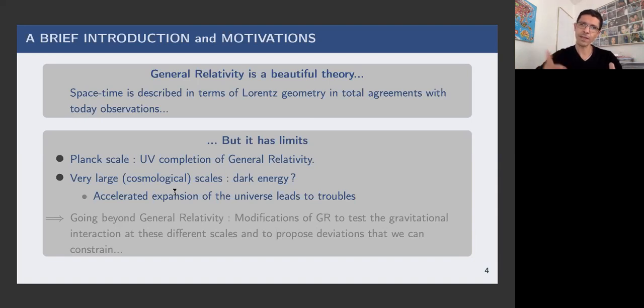I would like to emphasize that when we modify gravity, we maybe don't really want to find a solution of quantum gravity or a solution to the cosmological constant problem. What we really want is just to have a new theory that can predict new observations, in order to constrain it and show us new physics. This is the main message that I want to give you in this introduction.